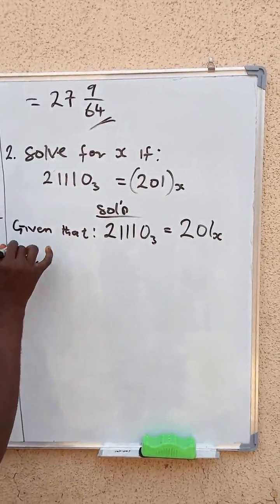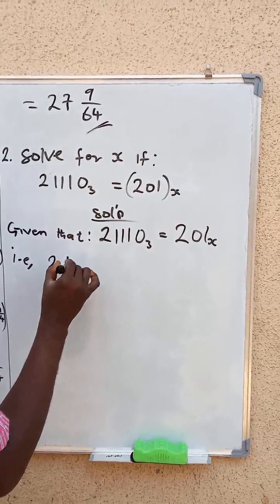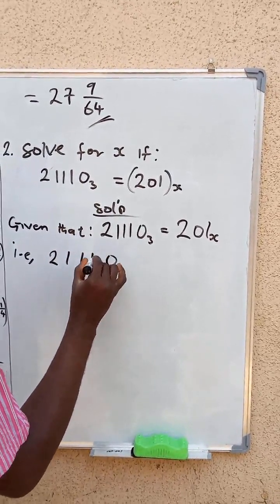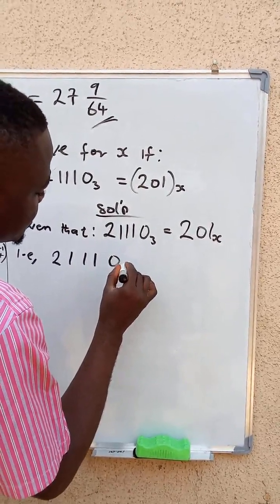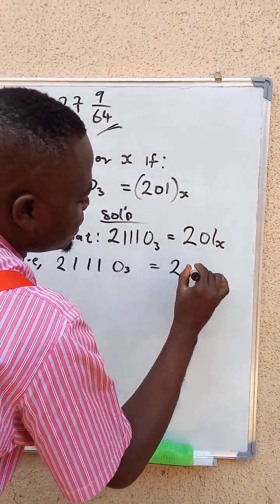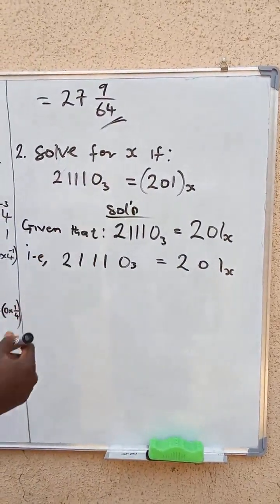That is, 21110 in base 3 is equal to 201 in base x. I just explained it.